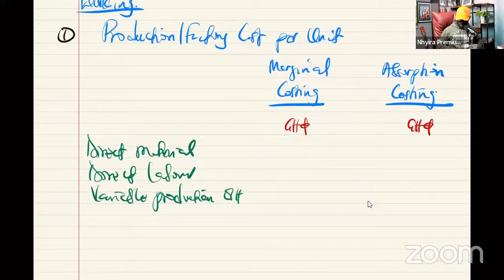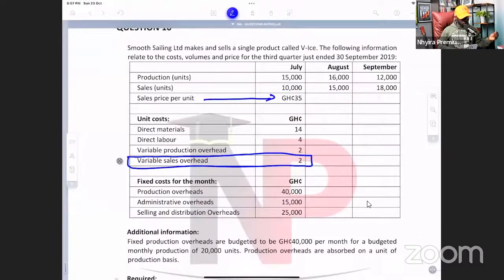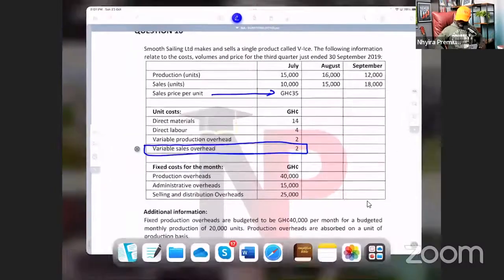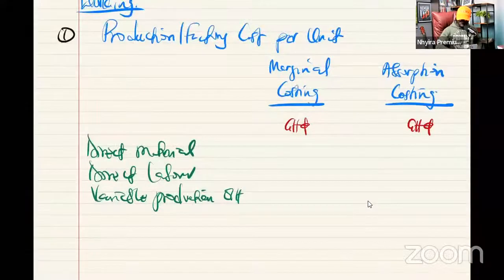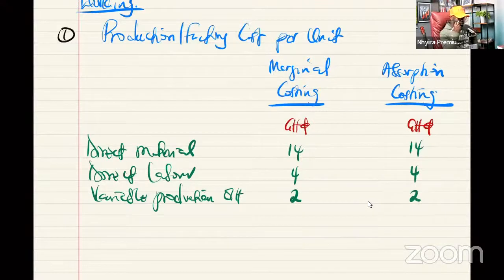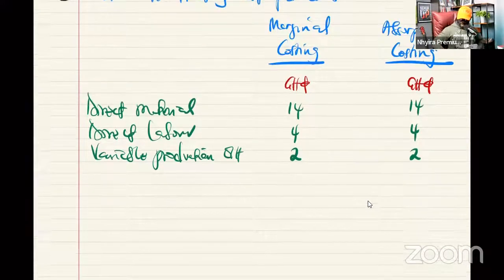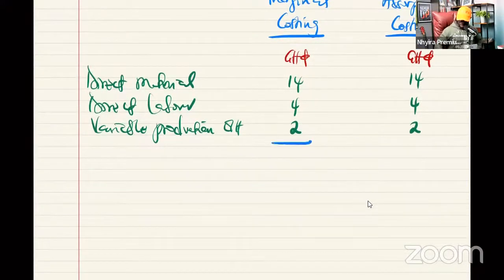What do we have? 14, 4, 2. And that same thing will be in absorption costing, 14, 4, 2. And that is the variable or marginal production cost.